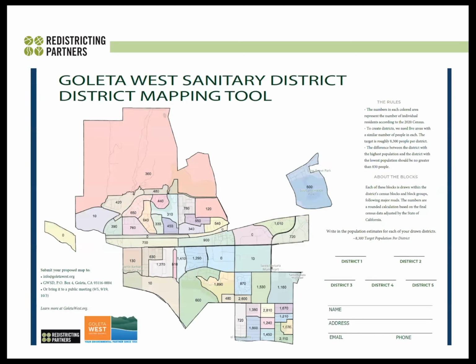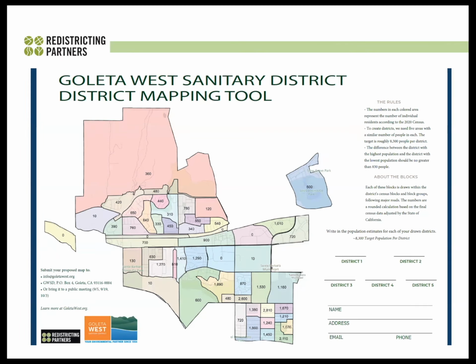And then, of course, you're welcome to draw your own maps. So you can use this map in a couple of ways. You can draw your own communities of interest, or you can draw your own districted map. This map here has an estimate of the population in each of those regions, and you add them up and you can create relatively equal districts, and we can use that to then draw maps.